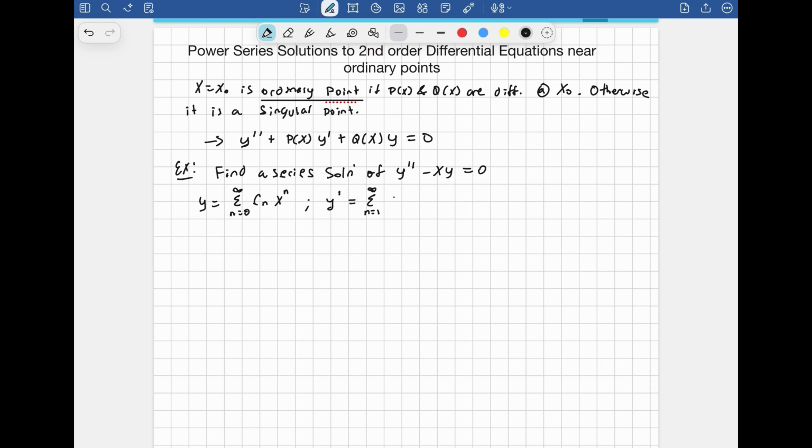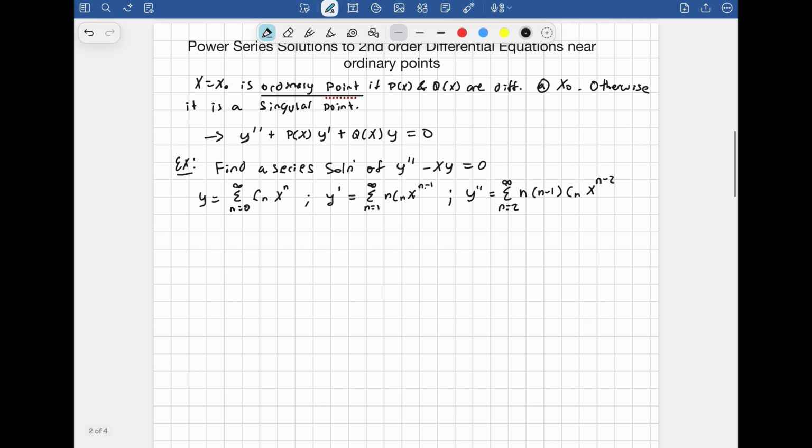So we have y prime and y double prime. Notice that as I am deriving, I am just doing the power rule for the summation, but I am increasing the indices by 1 each time.